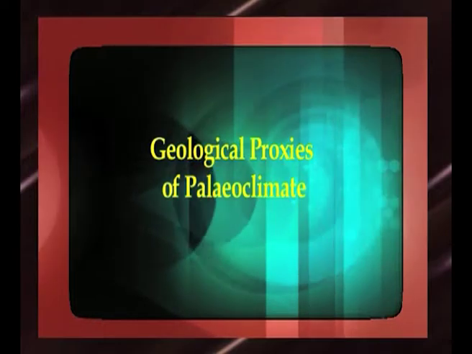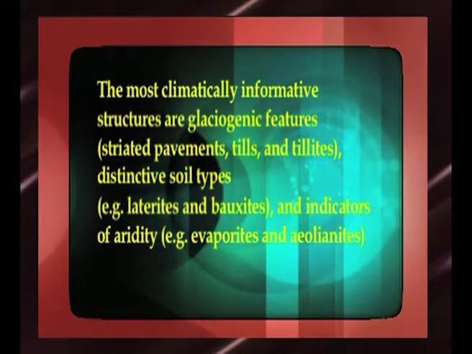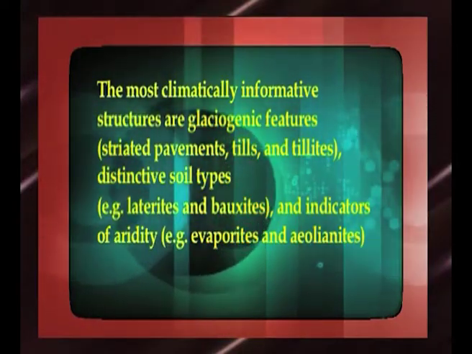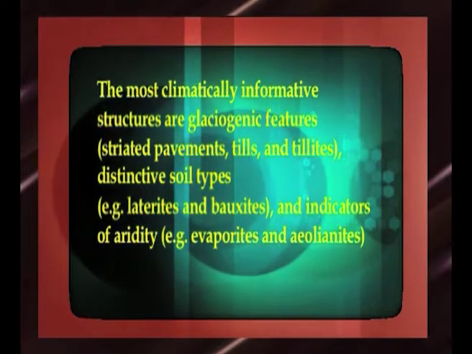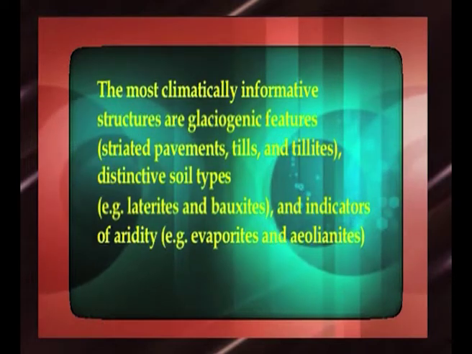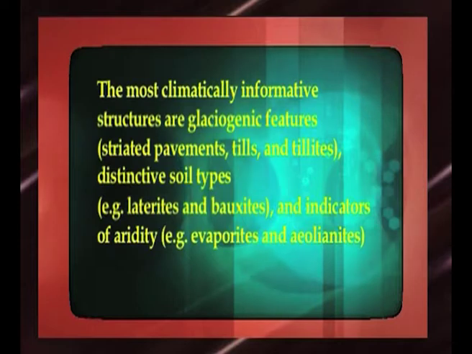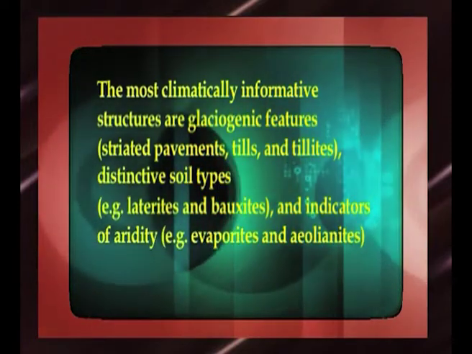Geological proxies of paleoclimate, sedimentary facies and paleontological data generally provide qualitative evidence of the paleoclimate and climate changes. These are paleoclimate proxies. The most climatically informative structures are glaciogenic features, that is striated pavements, tillites, etc., distinctive soil types, for example, laterites and bauxites, and indicators of aridity, for example, evaporites and eolianites.